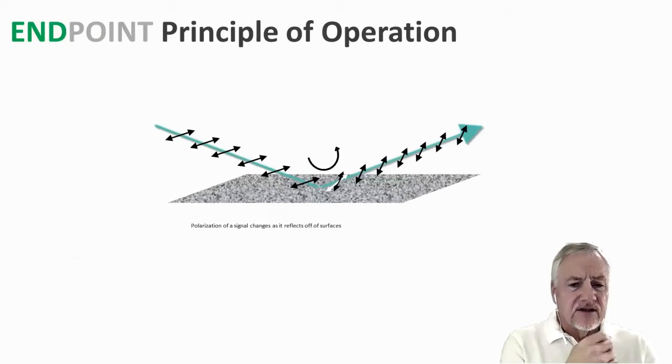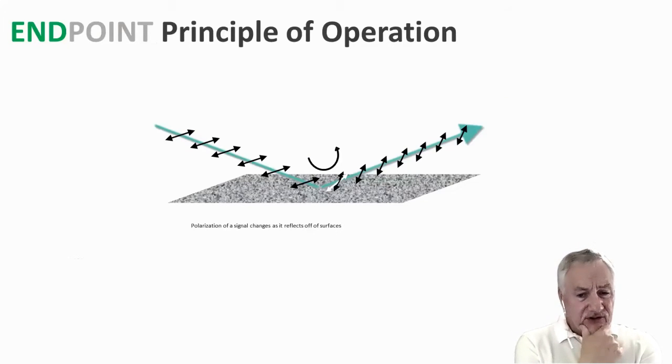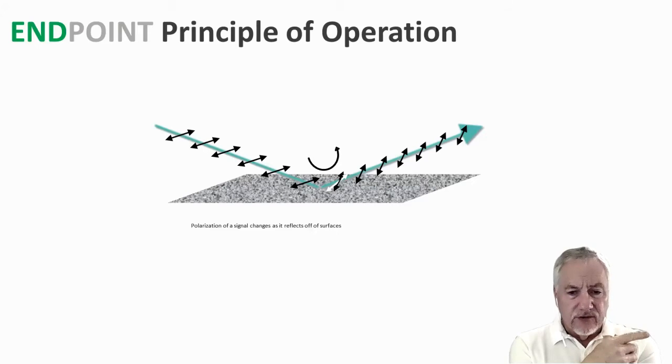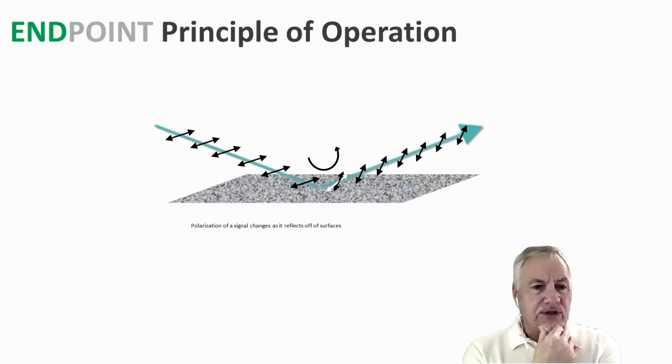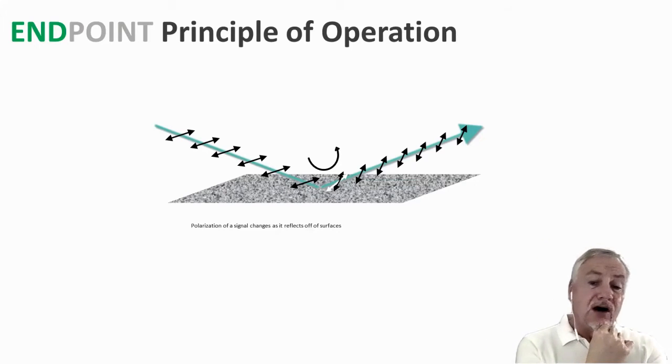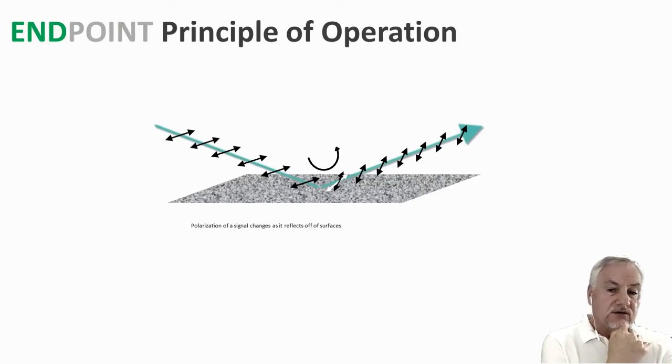So we look at the frequency domain data instead, and in particular, we use polarization. So let's review polarization just a little bit. It's not something that's common in the cybersecurity world.